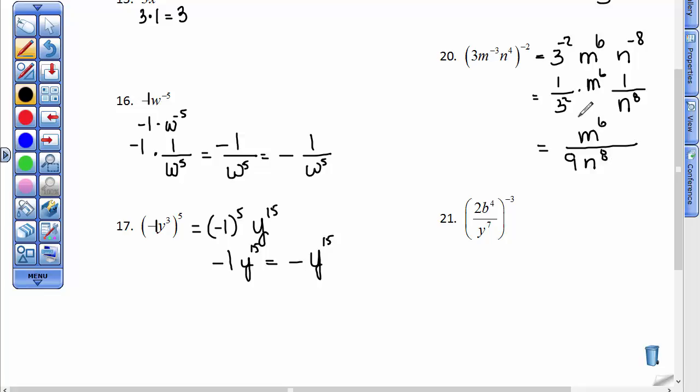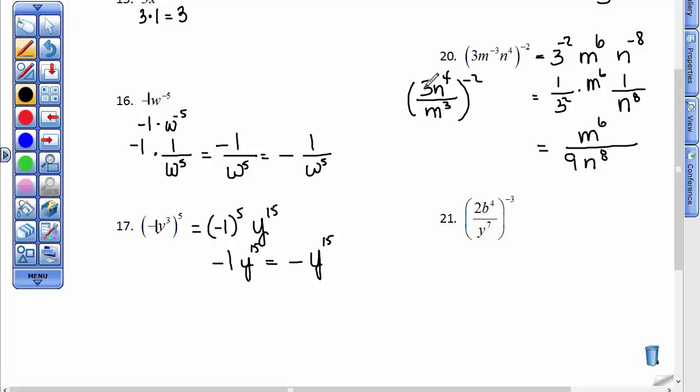That's all done. But you could even take this problem and write what's in the parentheses as 3 n to the 4th over m to the 3rd. Do you see how I moved just this m to the negative 3rd downstairs, and now that's raised to the negative 2 power. Next, I want you to know that there's a property.